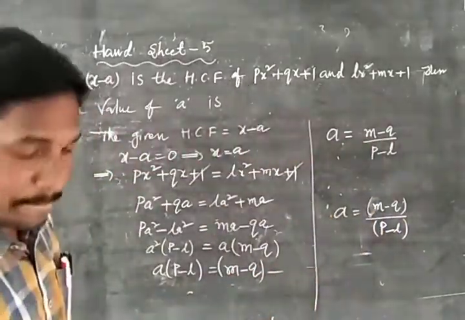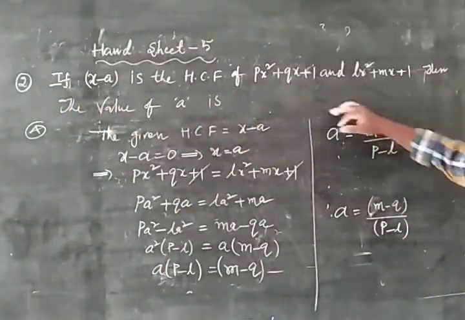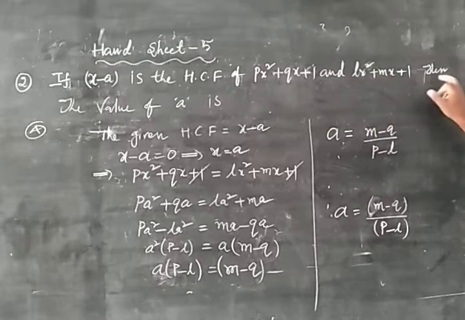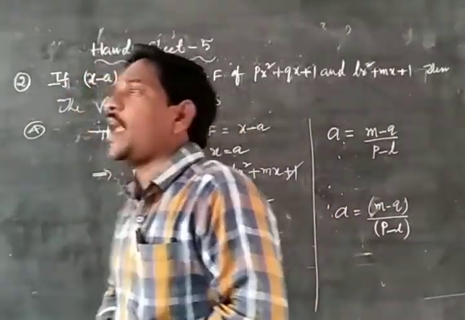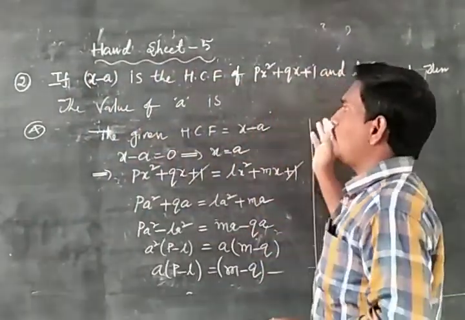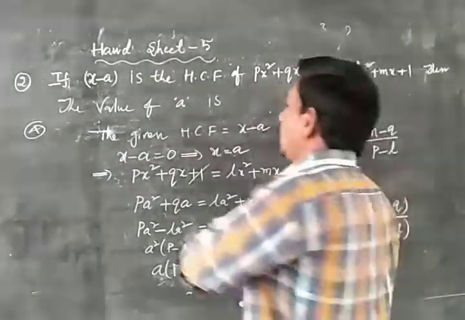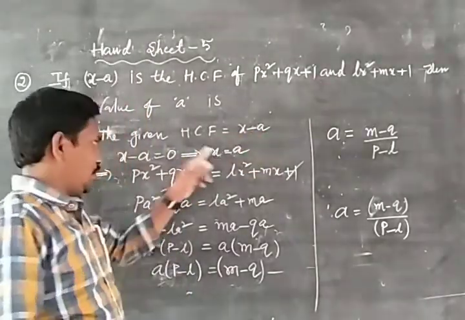Okay, x minus a is the SCF of px square plus qx plus 1 and lx square plus mx plus 1, then find the value of a. If x minus a is the common factor of the given expressions, first of all we take x minus a equal to 0.